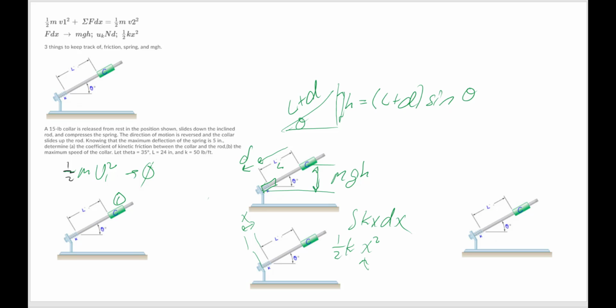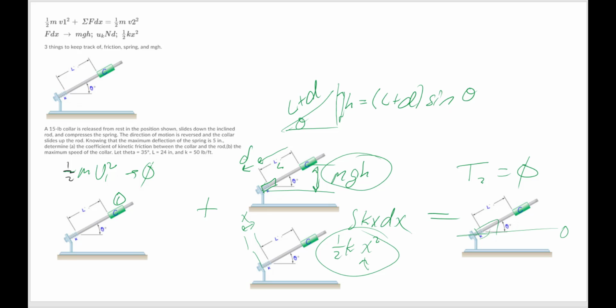And the two things that will change this are both MGH and a 1/2 kx squared. And the final energy that this is coming to is at the very bottom, it will have a kinetic energy of 0. So the velocity has come to 0, and we'll say that our height is 0 here too. So we'll call ground level the lowest position of that weight.